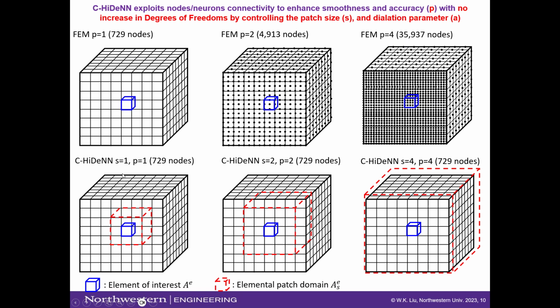But in our C-HiDeNN interpolation, we are still achieving the same reproducing order, p equals 4, but instead of increasing the degrees of freedom on each element, we are leveraging the nodal connectivity of the surrounding nodes. So we call this red dotted box a patch domain. So we are leveraging the nodal connectivity to build the nonlinear interpolation. So what's the outcome of this? We are still having the same size of the global stiffness matrix, but now we are having a wider bandwidth of the stiffness matrix. So that is the difference.